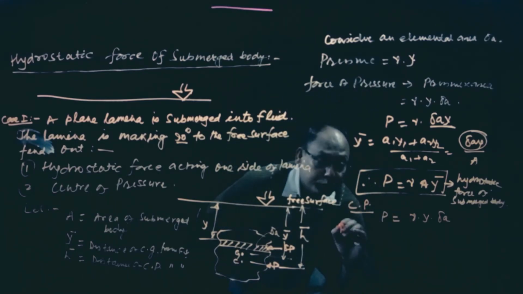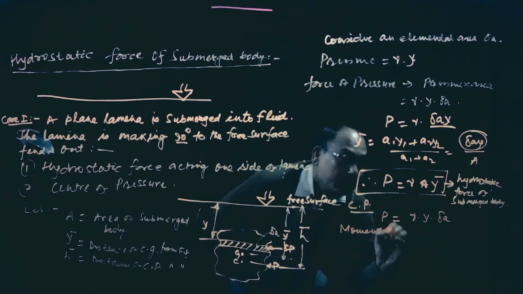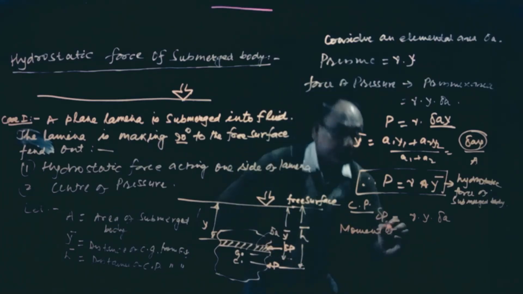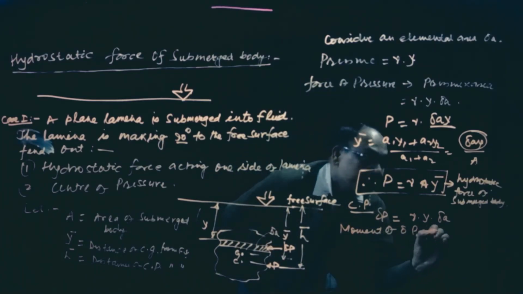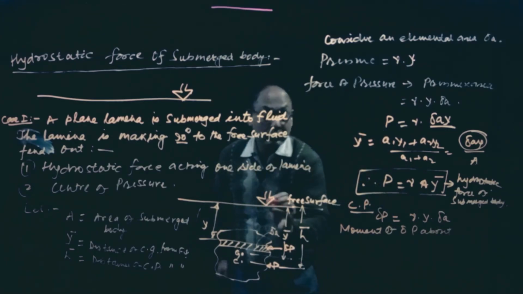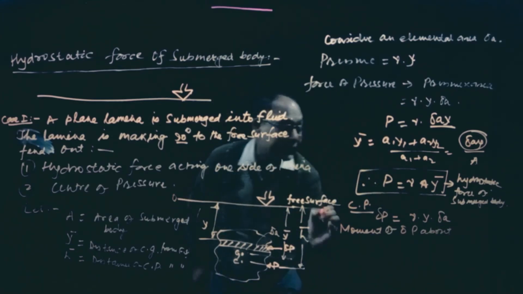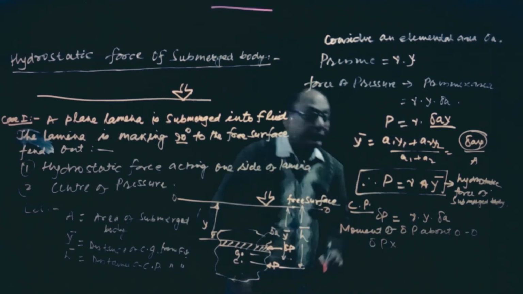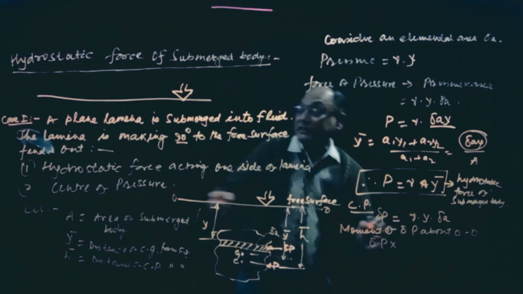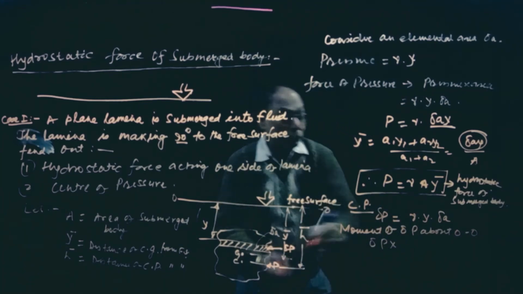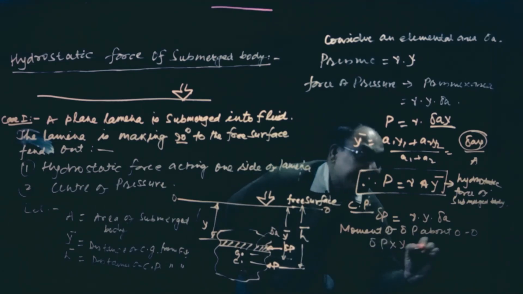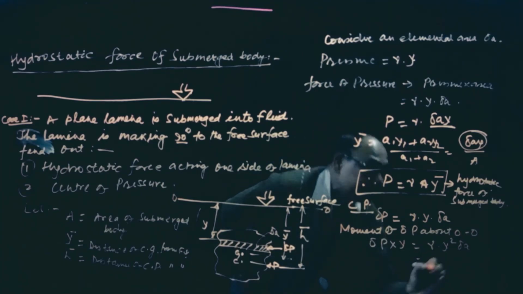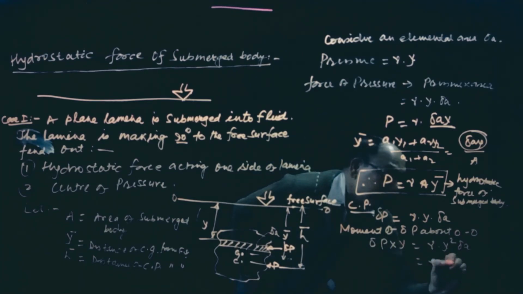And moment of the force, actually it is delta P. So moment of delta P about the free surface, about OO, will become delta P into Y. So it becomes gamma into Y square delta A. Okay, so it becomes gamma into the integral of Y square delta A, which is equal to IG.